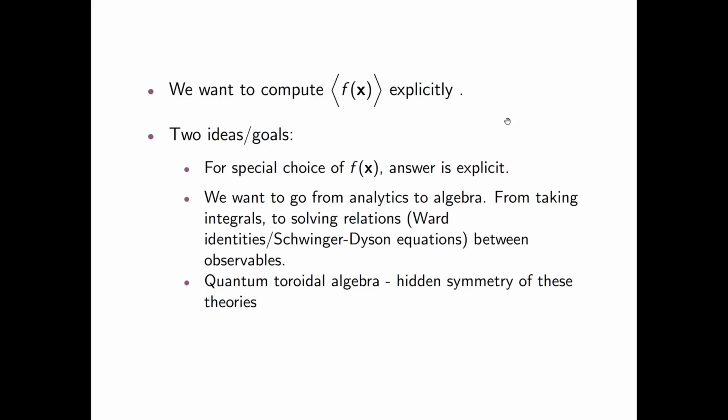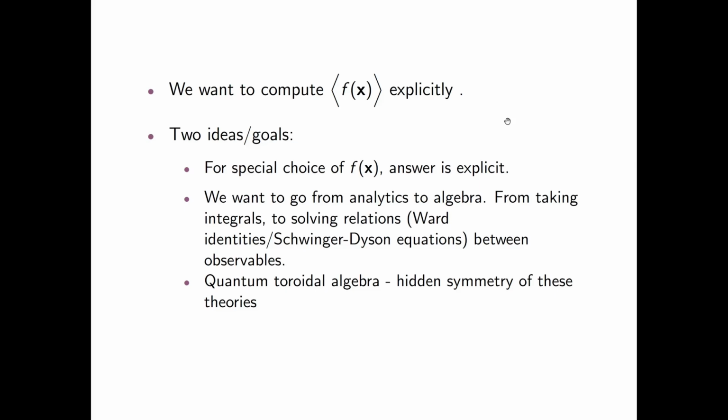And moreover, we want to go from analytics, from literally computing the integral by residues or something like this, to some algebra. So if we expect something explicit, in a sense exactly solvable, we would like to understand what is the symmetry behind this and what is the algebraic structure behind this.